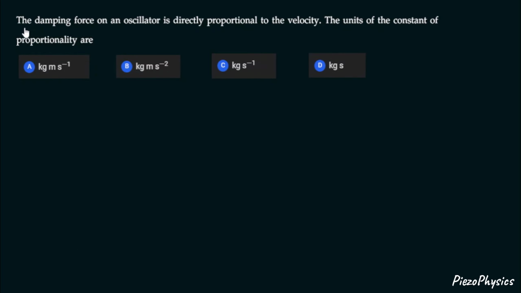Our next question is: the damping force on an oscillator is directly proportional to the velocity. The units of the constant of proportionality will be? So here we are given the damping force, which is one kind of force. The dimension of force will also be M1 L1 T minus 2, which is directly proportional to V. So we can write it as F equals K into V. So the dimension of force is M1 L1 T minus 2, here K, and we have velocity as L1 T minus 1.